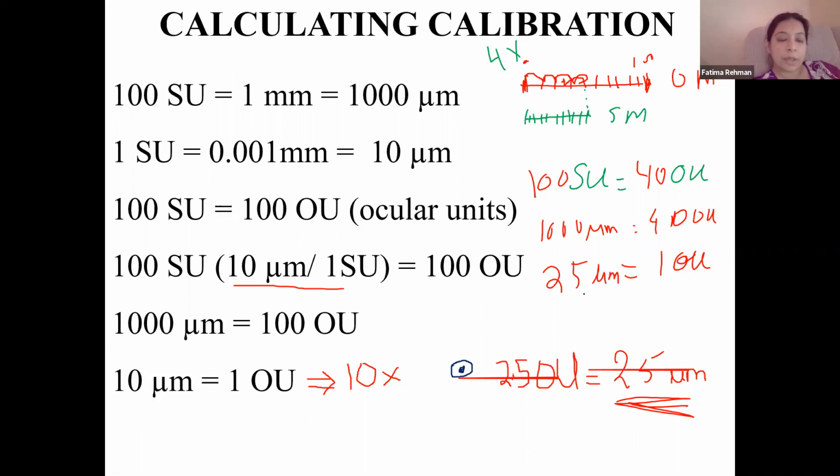How many ocular units is it going to be? So remember that cell was 2.5 ocular units under the 10x objective lens. And the total length of the cell is 25 micrometer. How many ocular units is it going to be under 4x objective lens?